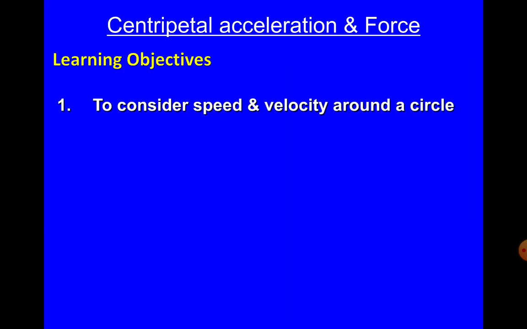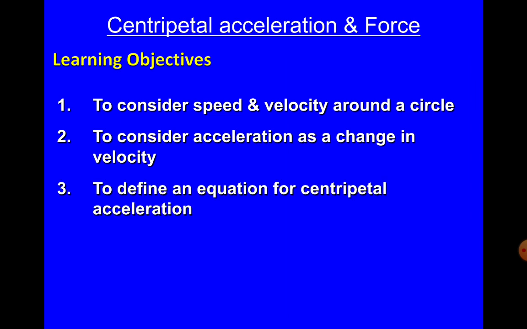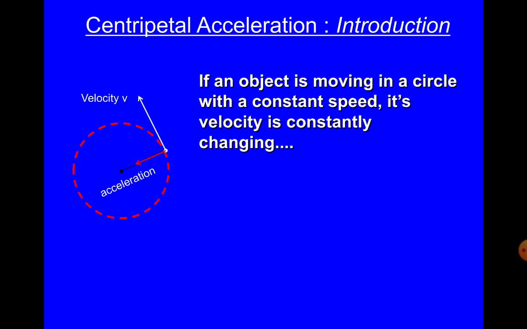Okay, some learning objectives. Consider the speed and velocity around a circle. Consider the acceleration as a change in velocity, and define an equation for the centripetal acceleration and an equation for the centripetal force. Okay, centripetal acceleration. There is a derivation of this, but I go pretty fast through it.